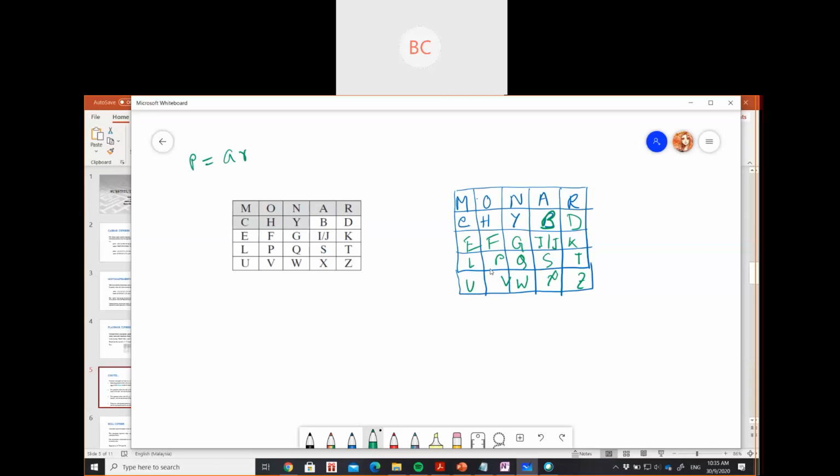In this case we take a digraph, a combination of 2 letters. Suppose you want to encrypt this AR.